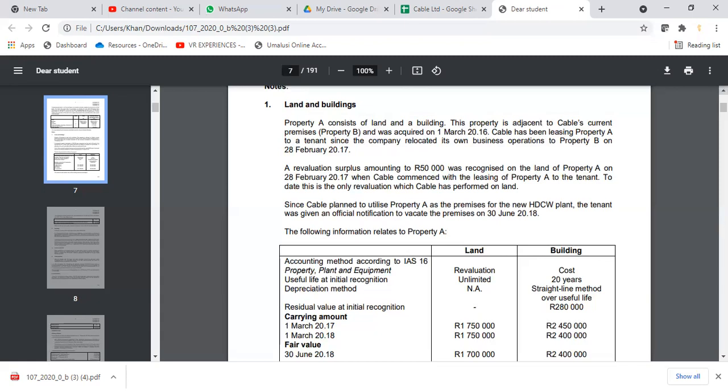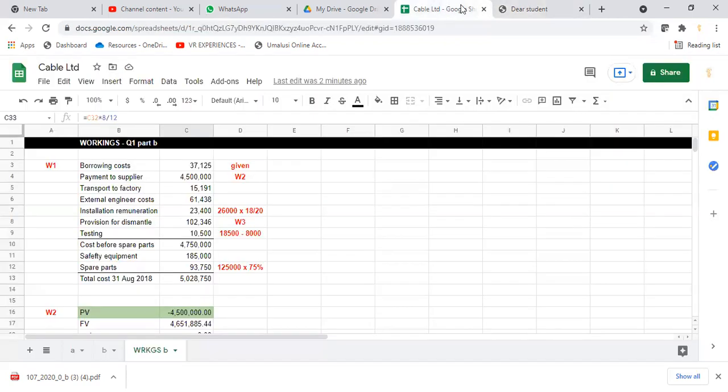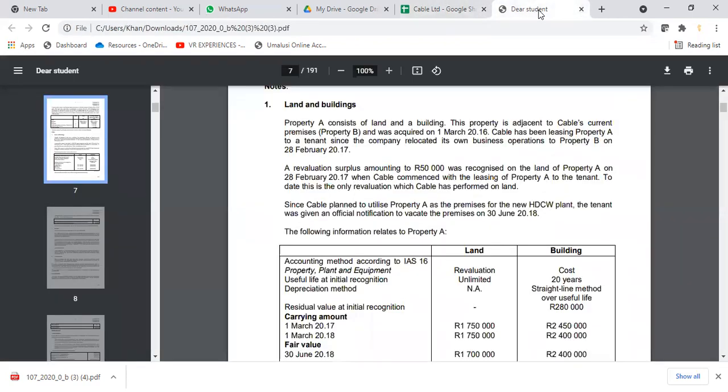It transferred on 30th of June, so that's 28 months. So I think we have to assume that this 20 years is not from 30th of June 2018, but rather from 1 March 2016.